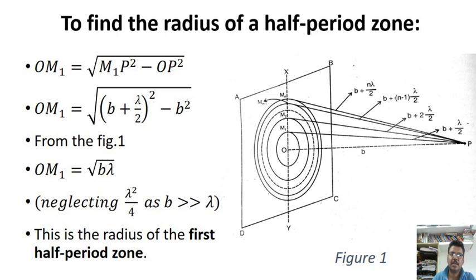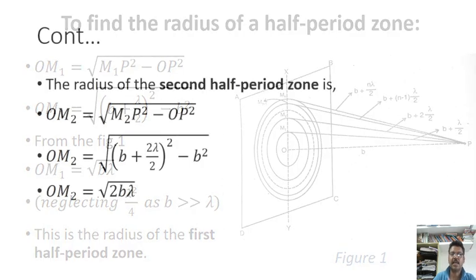From the figure we can simplify this: OM1 is equal to the square root of b lambda, neglecting lambda square by 4 as b is greater than lambda. This is the radius of the first half period zone.